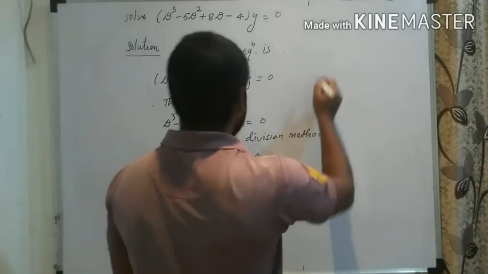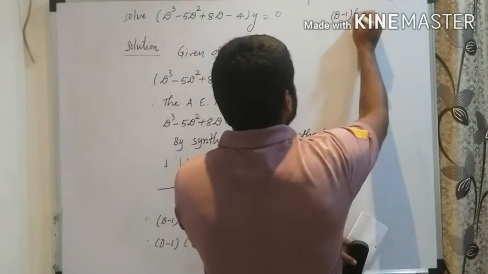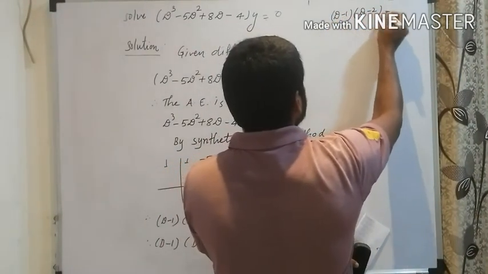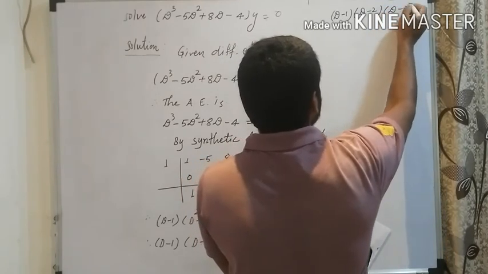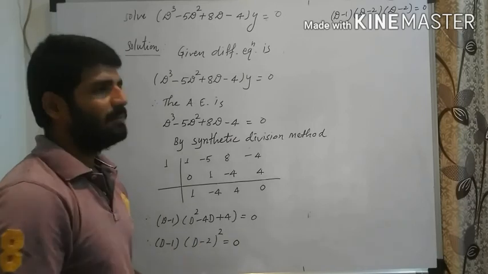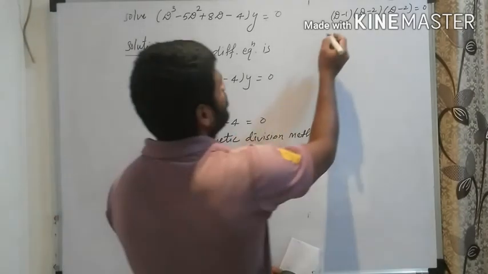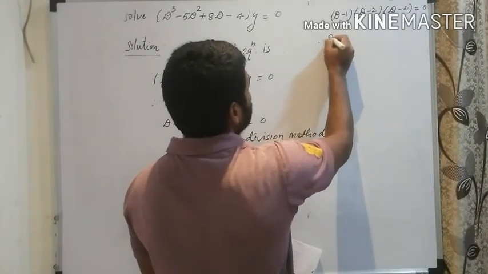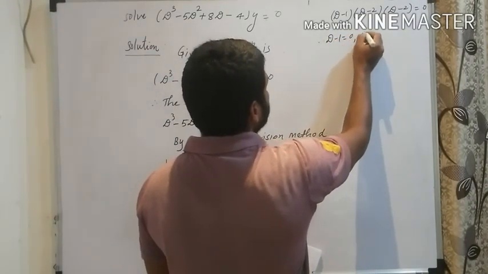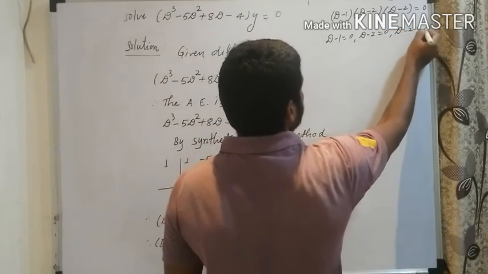So again this can be written as d minus 1 into d minus 2 into d minus 2 equal to 0. D minus 2 bracket square means multiplication of d minus 2 two times, that is d minus 2 into d minus 2. So again, therefore d minus 1 equal to 0, d minus 2 equal to 0, d minus 2 equal to 0.